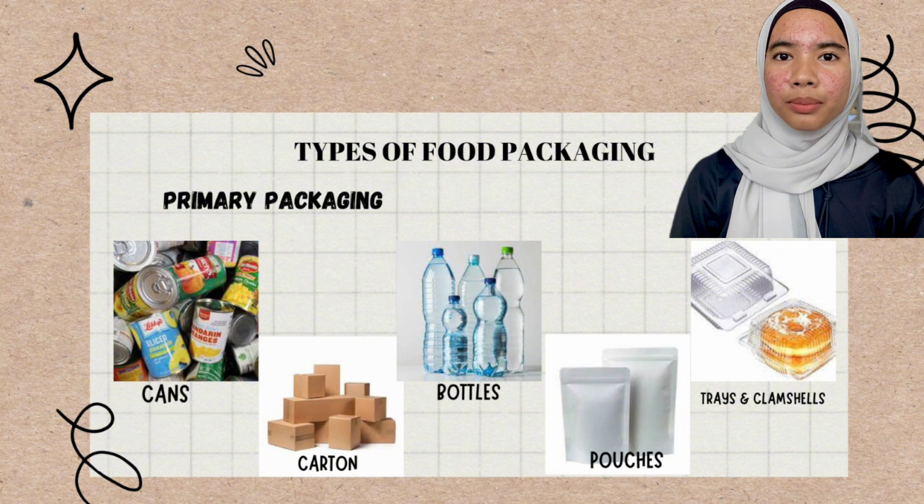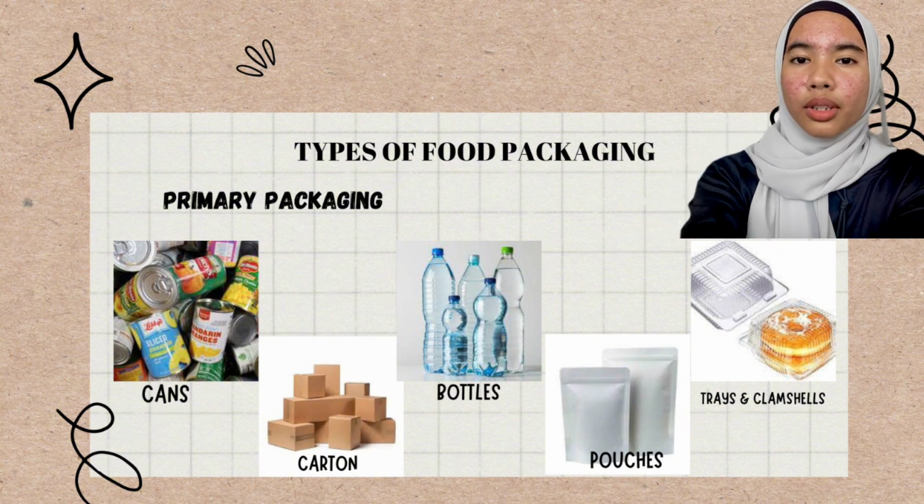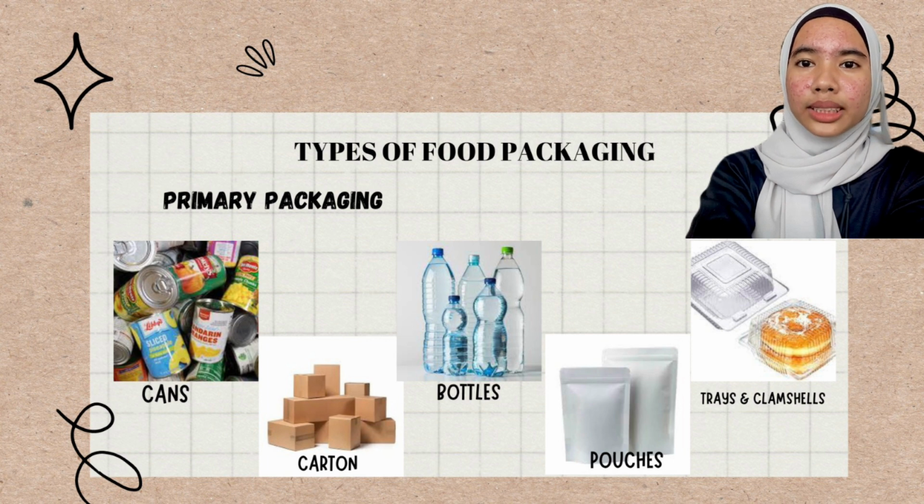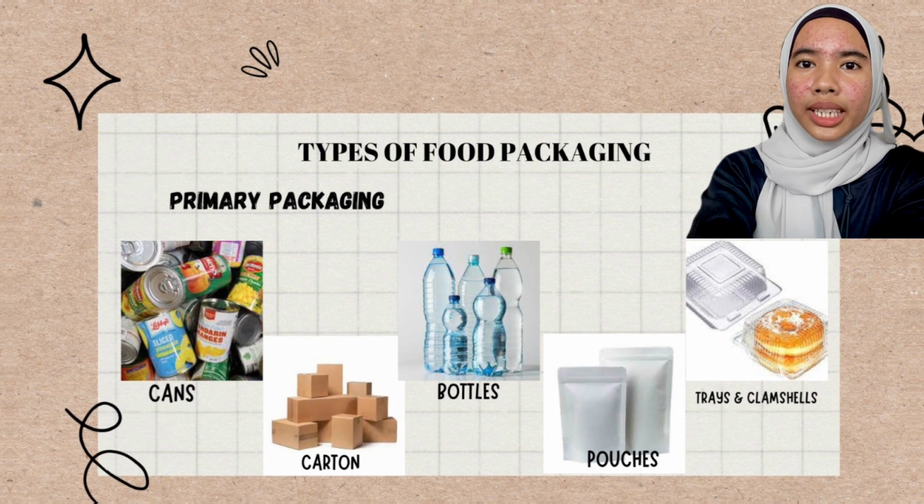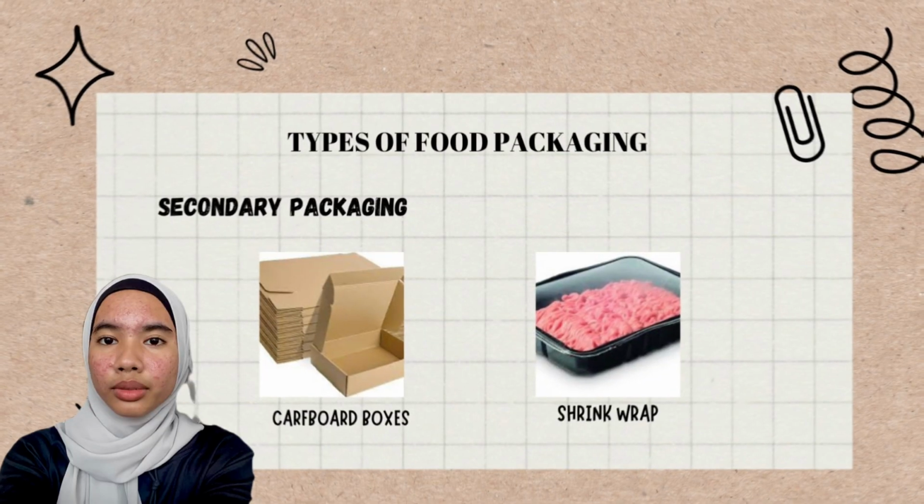There are various types of food packaging used to store, protect, and preserve food products. Some common types of food packaging include primary, secondary, and tertiary. Primary packaging refers to the immediate layer of packaging in direct contact with the food product. Examples are cans, bottles, pouches, carton trays, and jam jars.